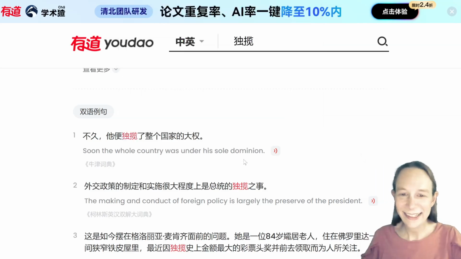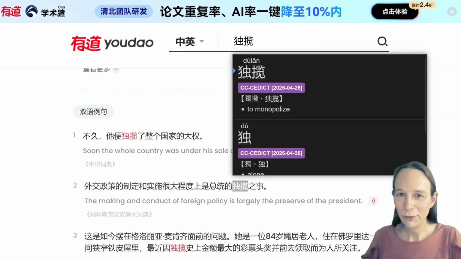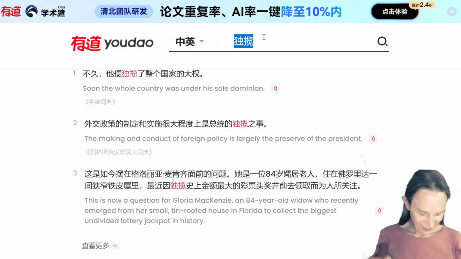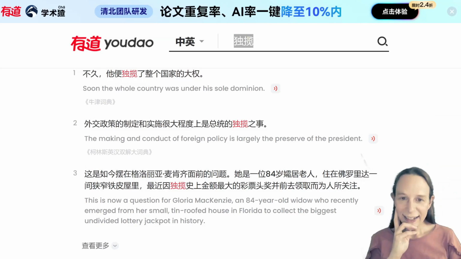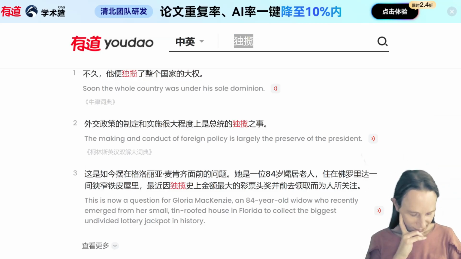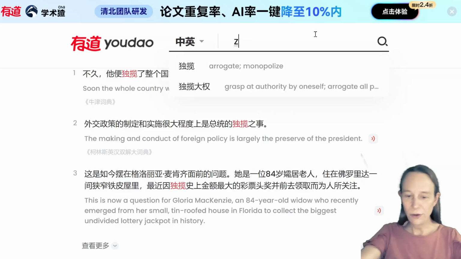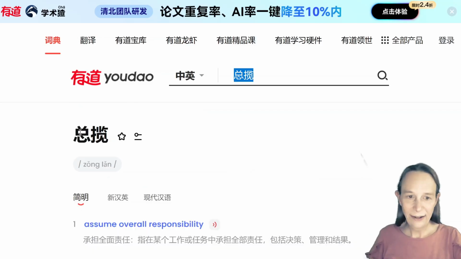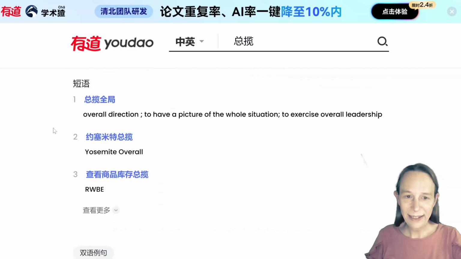All your base. 独揽, 被我独揽. All right, you get the idea. 独揽. There's another one. 总揽. Kind of the same idea.